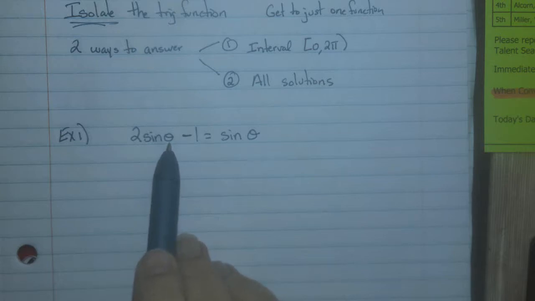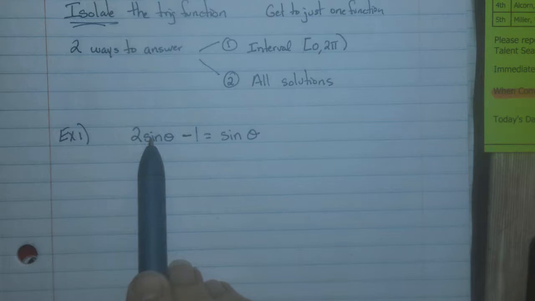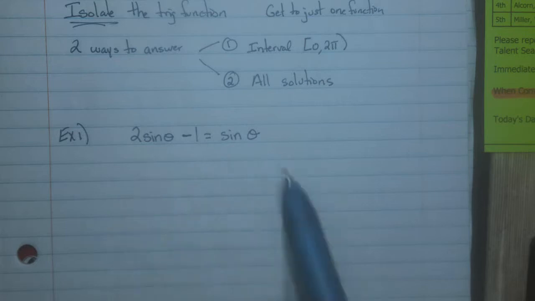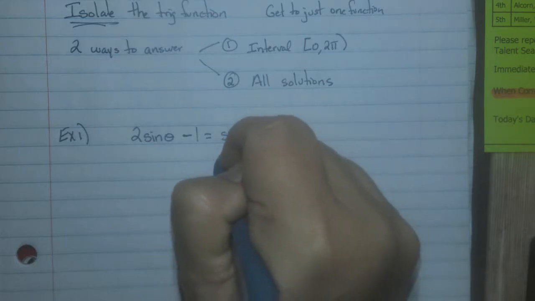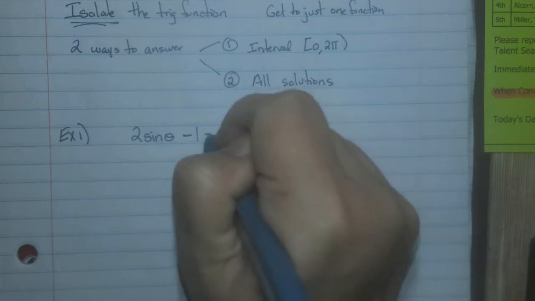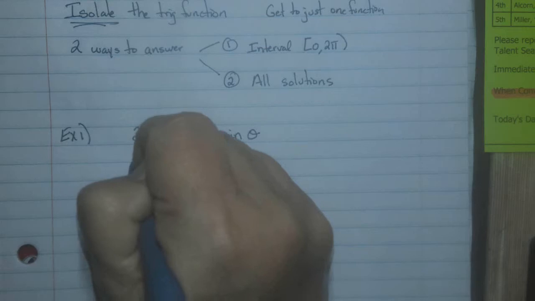But before I get theta by itself, I just want to think about getting the sine theta by itself. So in this case, I have sine theta on the left side of the equals. I have a sine theta over on the right-hand side of the equals. So my first strategy would be to subtract a sine theta from both sides of the equation. I can do this because these are, in fact, equal.